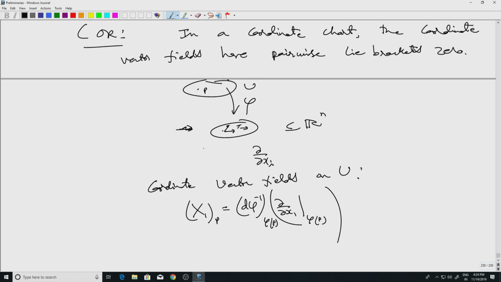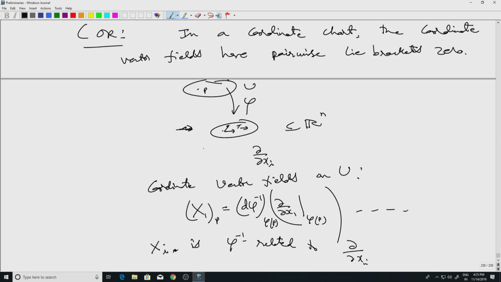Here the thing is that x1, x2, etc. are phi inverse related to del by del xi.